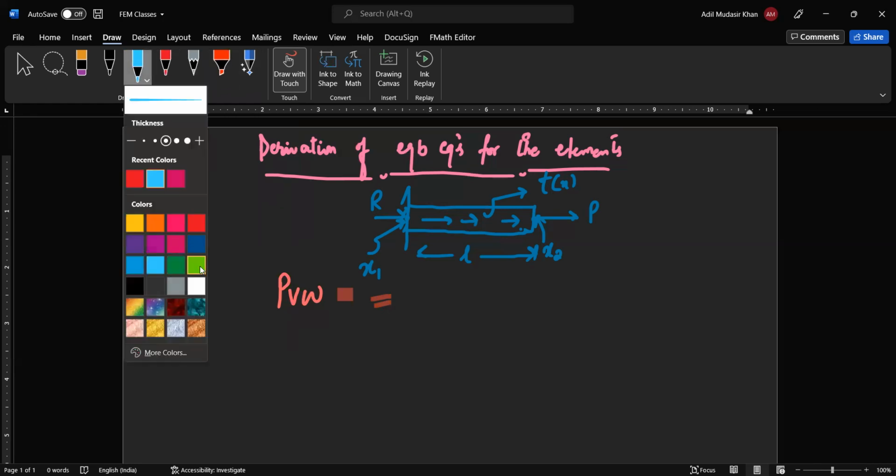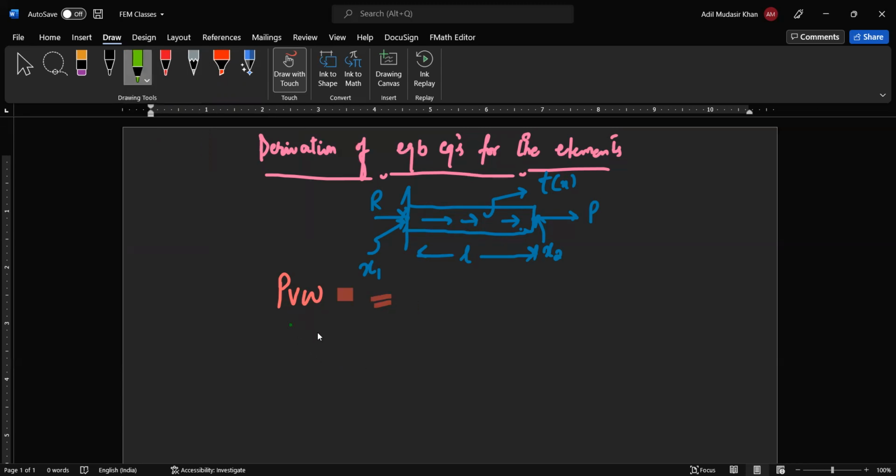So first of all, we write the integral from x1 to x2 of sigma times the virtual strain. If we calculate it in terms of the normal forces, then we don't have to do anything with the stress.